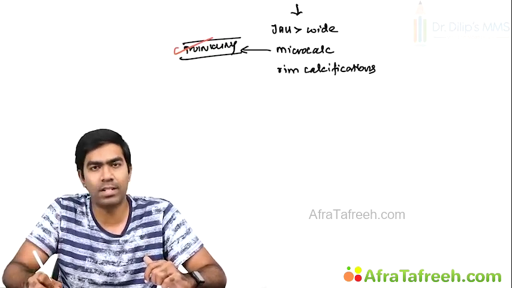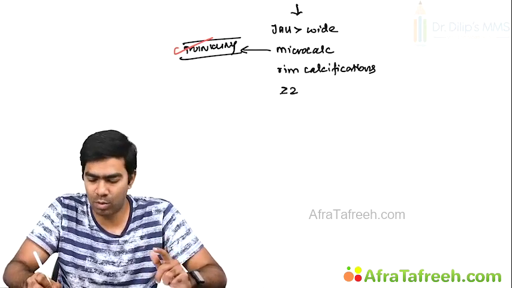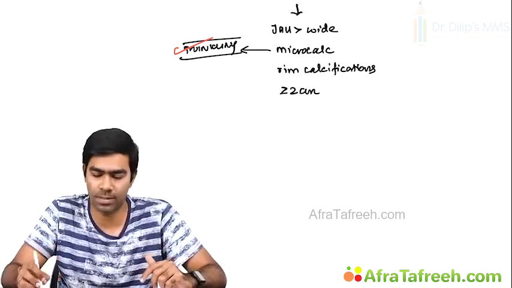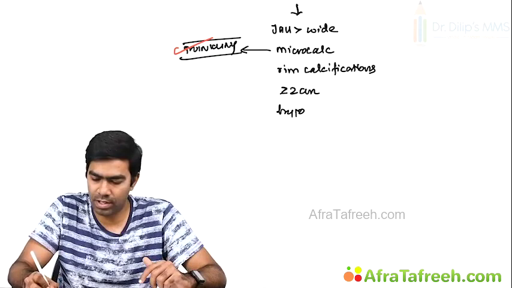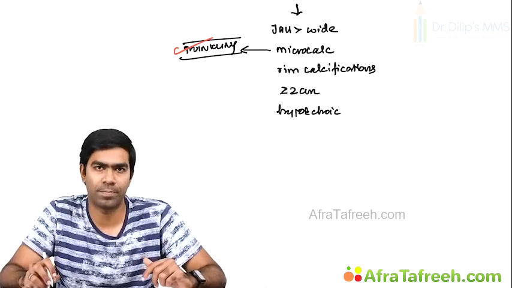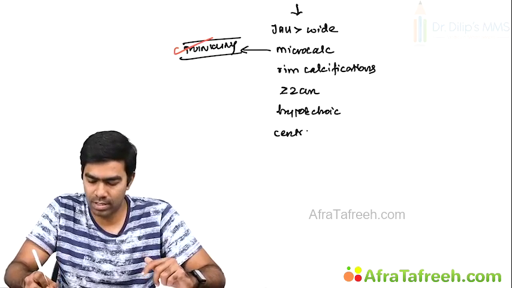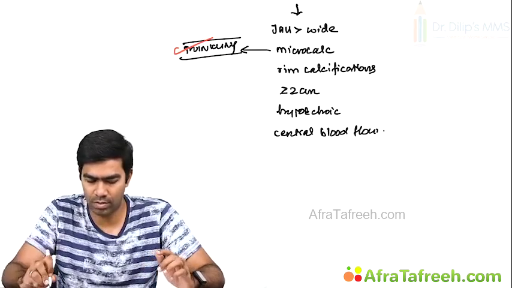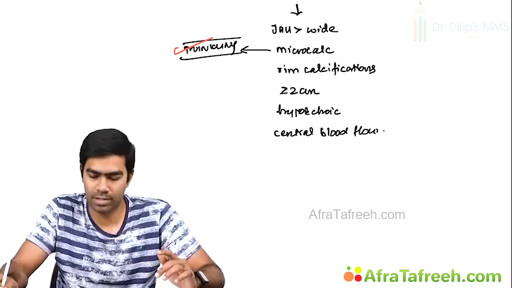Then if the patient is having a lesion that is more than or equal to 2 centimeters, large lesions, again high risk of malignancy. Or the patient is having hypoechoic lesions, high risk of malignancy again. Or if the lesions are having central blood flow rather than a peripheral blood flow in ultrasound, again high risk of malignancy.